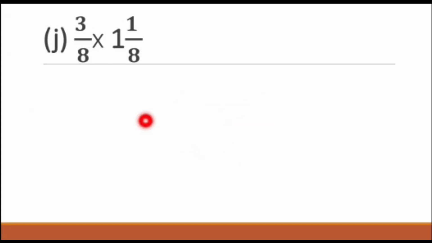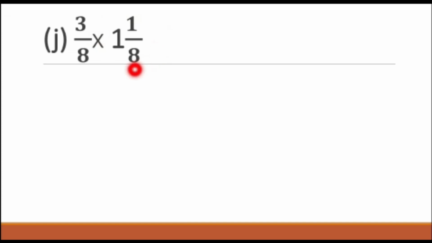Now J, 3 by 8 multiplied by 1 and 1 by 8. So dear students, here you know well that this is a mixed fraction, and we have already converted mixed fractions into improper fractions, right.